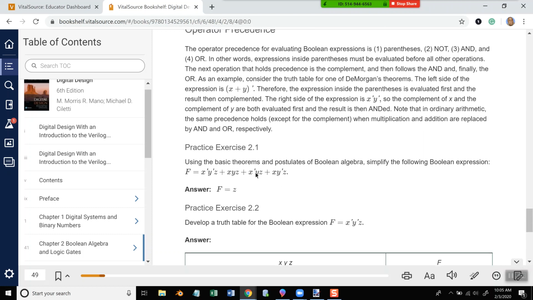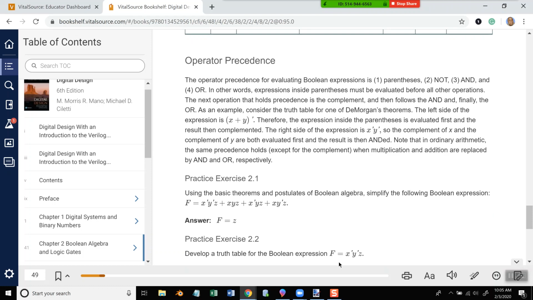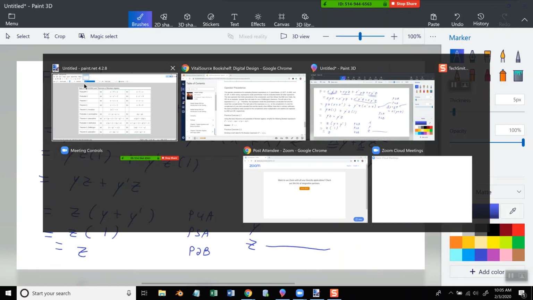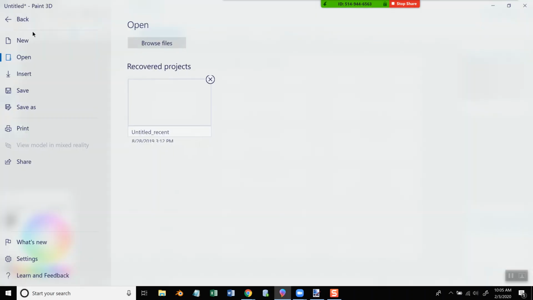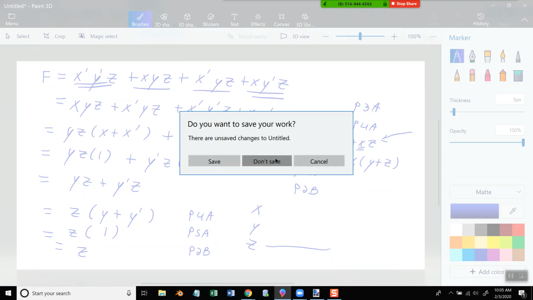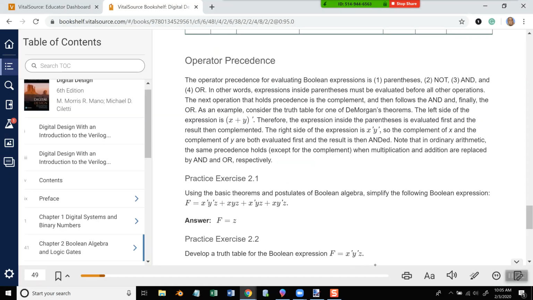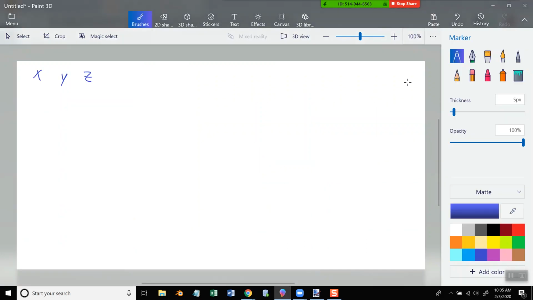And what's this say? Develop a truth table for the Boolean expression. Let me try that. Okay, x, y, z, and where are we headed? X prime, y prime, z.